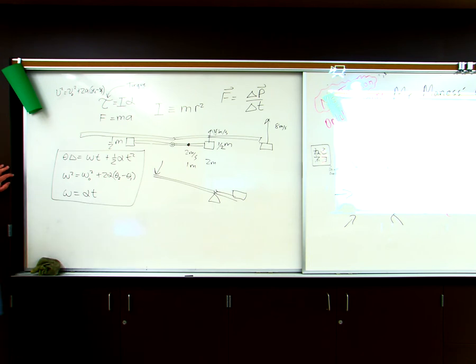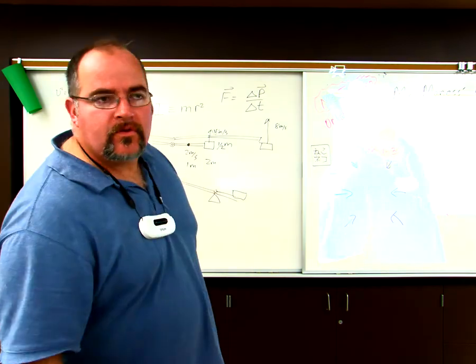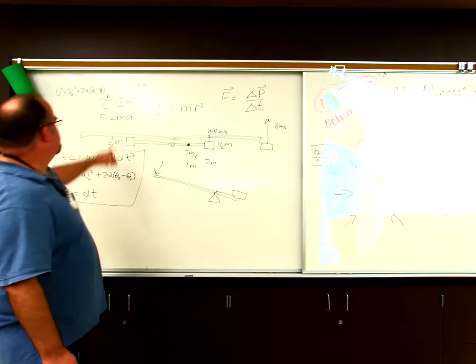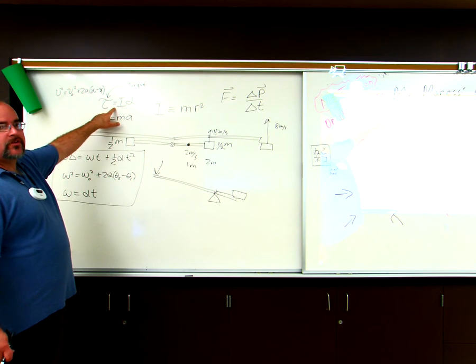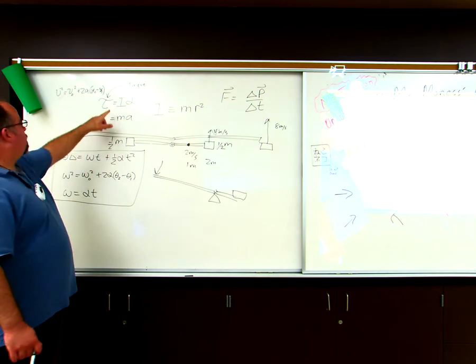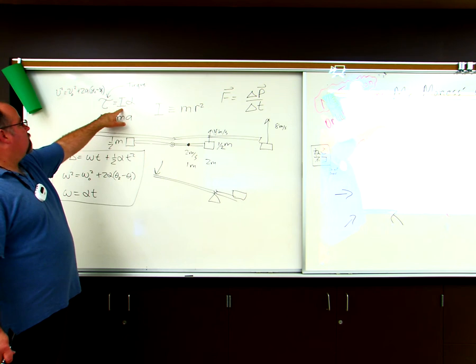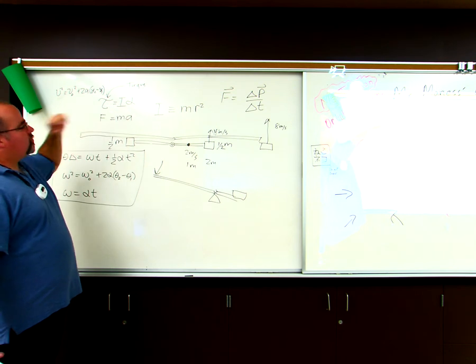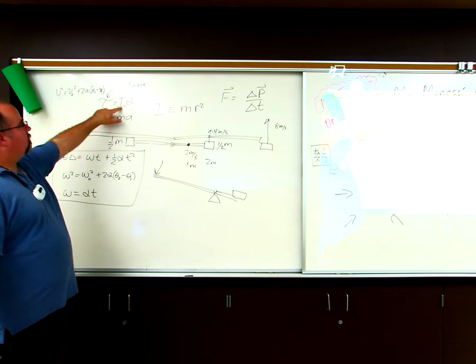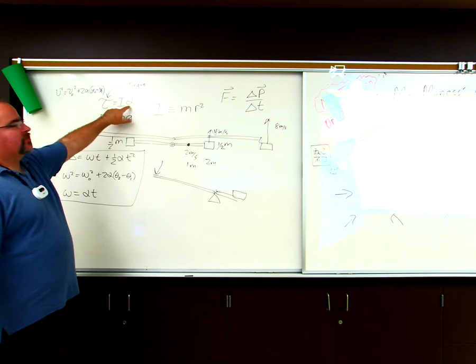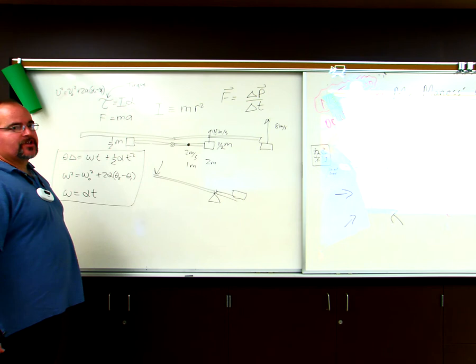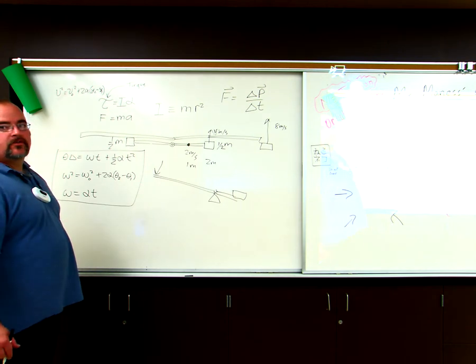Can you give me the definition of the torque in words? Torque is equal to the angular inertia, or the moment of inertia, times the angular acceleration. So torque is like angular force.